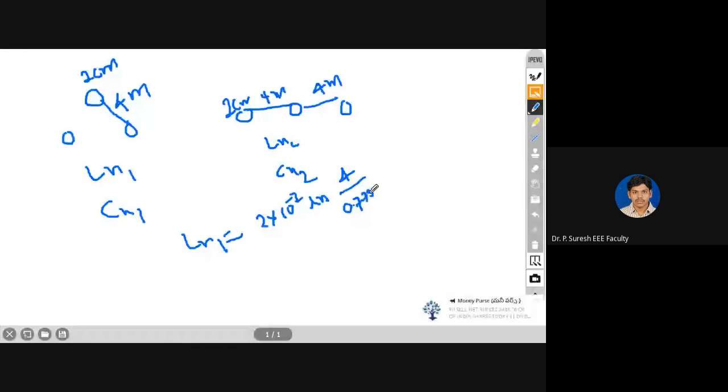Now tell me what is the Ln2 value? Ln2 value is 2 into 10 power minus 7 ln. So what is the mutual GMD of this circuit?